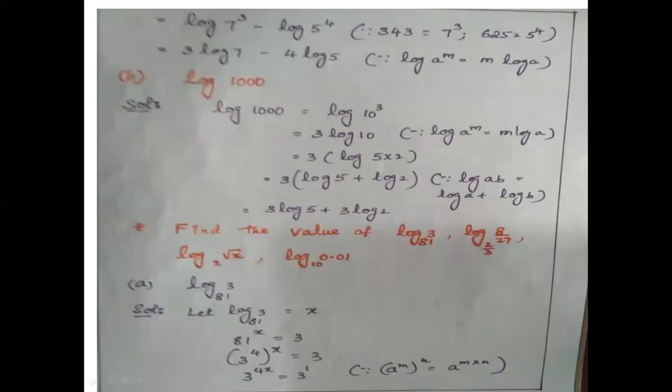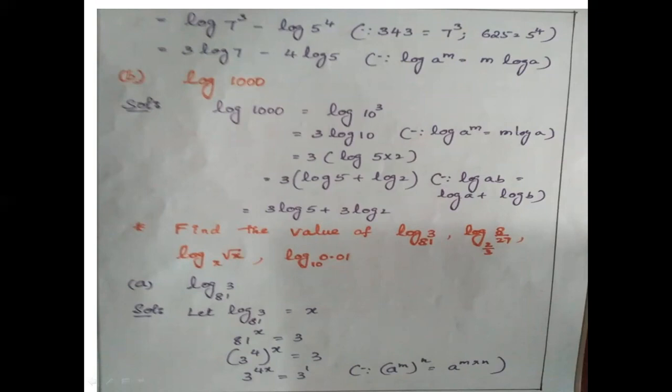That is equal to log 343, we can write as log 7 cube, minus 625, we can write as 5 power 4. So when you use the next law of logarithm, you can write this as 3 log 7 minus 4 log 5, where log a power m is equal to m log a.